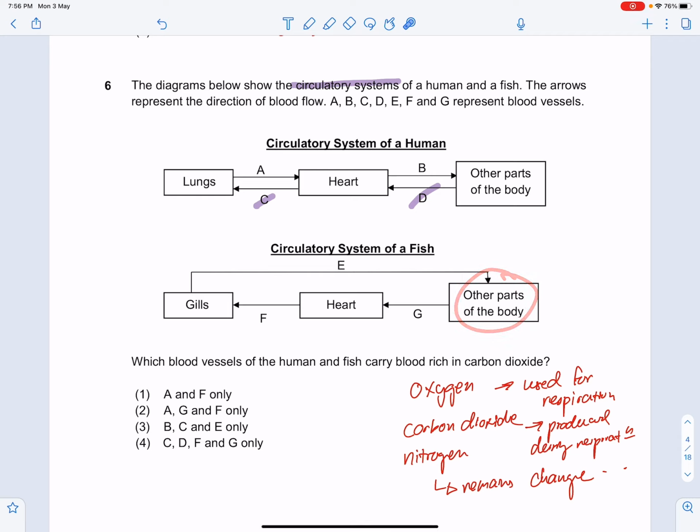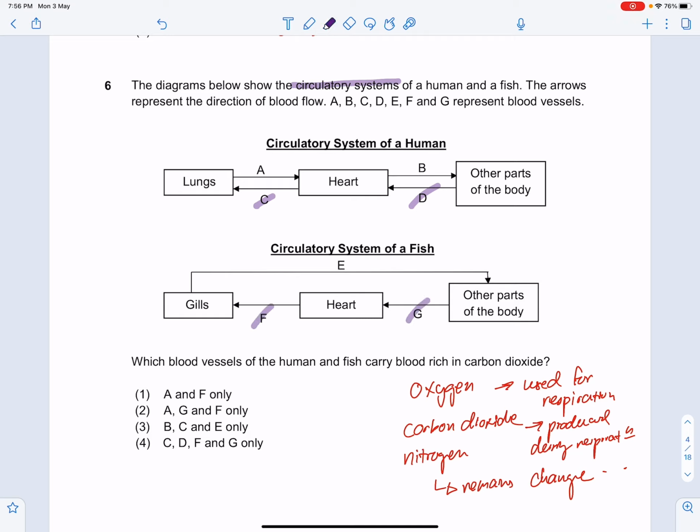Similarly, any blood coming out of other parts of the body would be rich in carbon dioxide and poor in oxygen, because all the oxygen is being used up for respiration, and in return lots of carbon dioxide has been produced. So therefore G and F would be rich in carbon dioxide and poor in oxygen. Looking at this fact, we can go ahead and highlight both F and G.